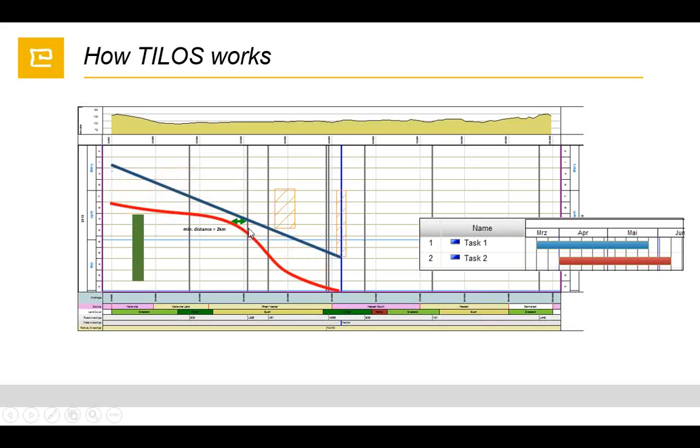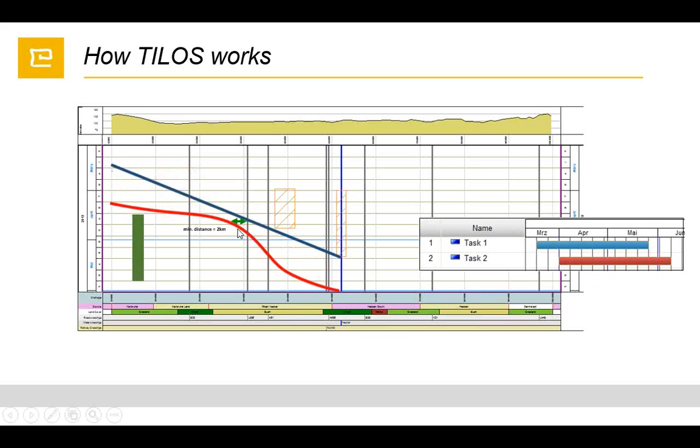We can put distance lag between the tasks, so this is different from Primavera. On the Gantt chart, everything may seem okay, you have some lag, but on the site the works will not clearly proceed at the same rates.